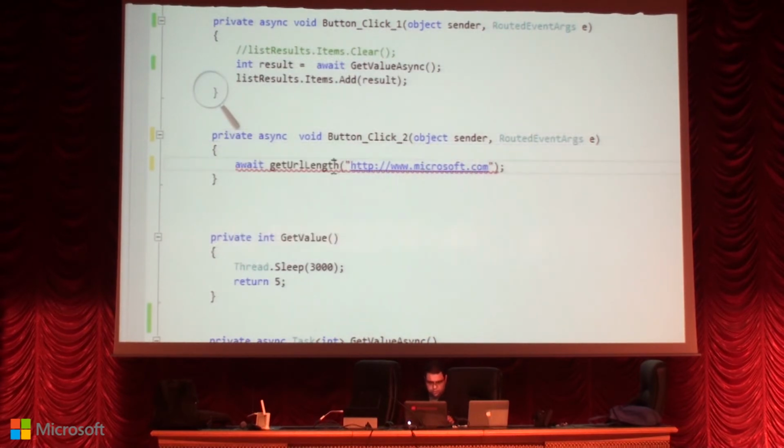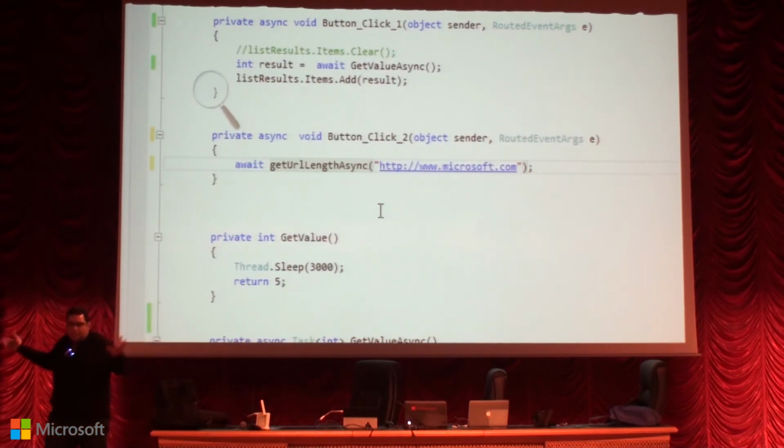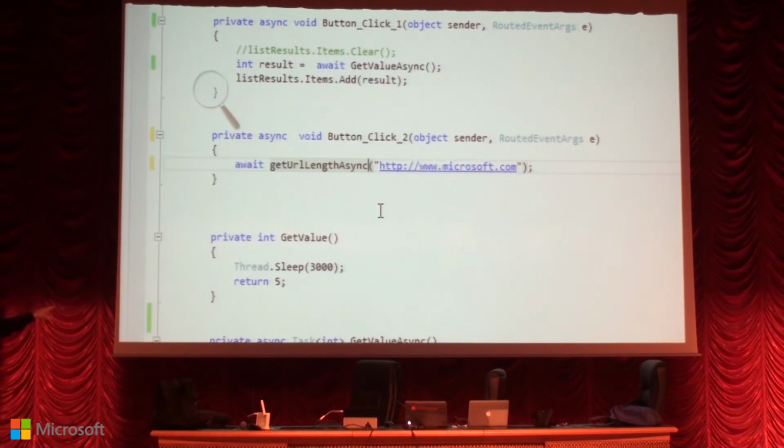It has to use the async version, of course. That's it. So with minimal change, it's easy, right? I didn't write any code. Just on the button click, I say it's async in the declaration, and I await the asynchronous version. That's all the changes you need.